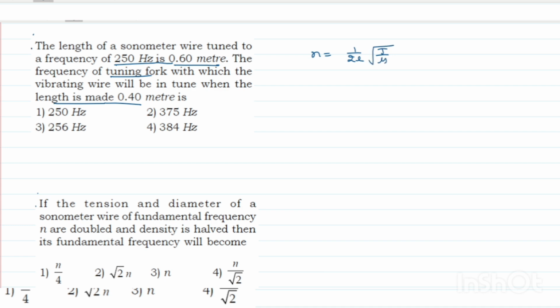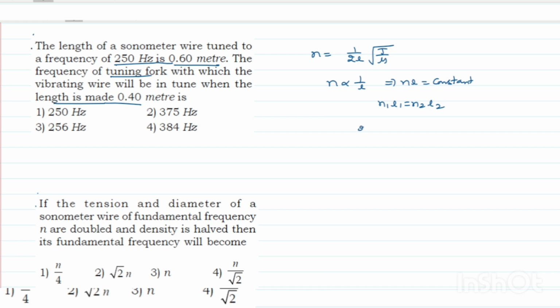They are asking to relate the frequency and the length of the wire. That means N is inversely proportional to L, so N into L is constant. That is N1 L1 equals N2 L2.